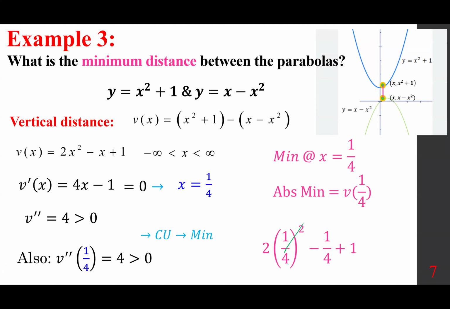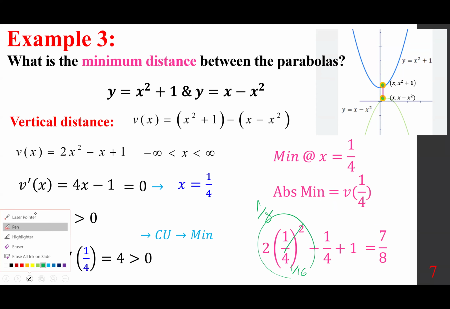This is 1/16 times 2 is 1/8, minus 1/4 is minus 1/8, plus 1 is 7/8. So the minimum distance takes place at x equals 1/4 and the distance is 7/8.